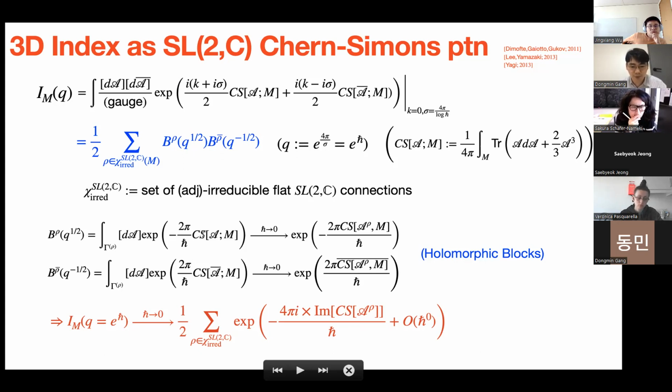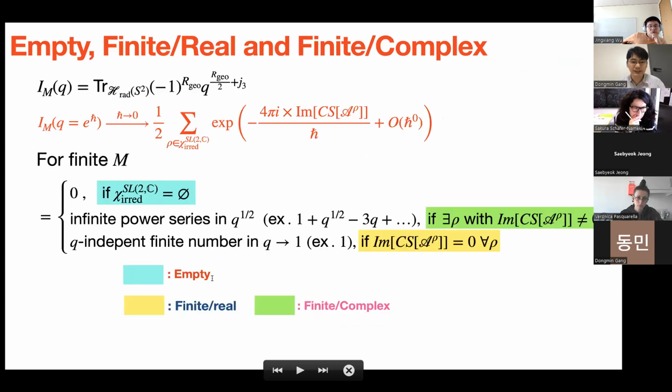I'll skip all details, but the final guess is that for finite type, meaning the index converges, if every flat SL(2,C) connection has a Chern-Simons functional with non-zero imaginary part, then this index in the Cardy limit behaves with exponential growth.